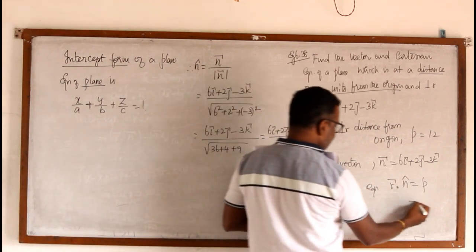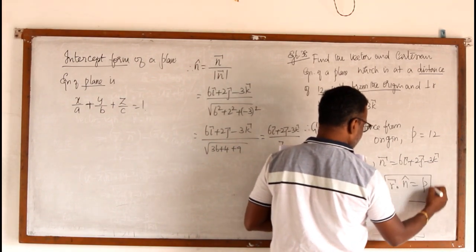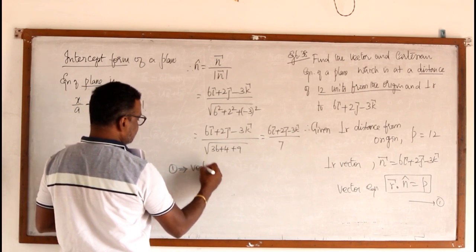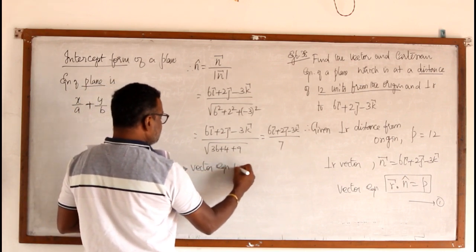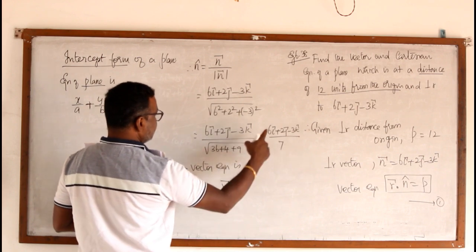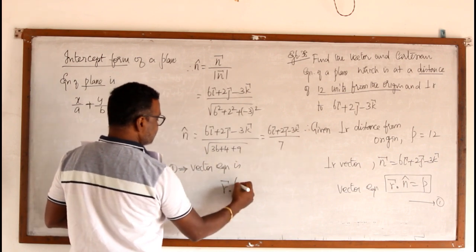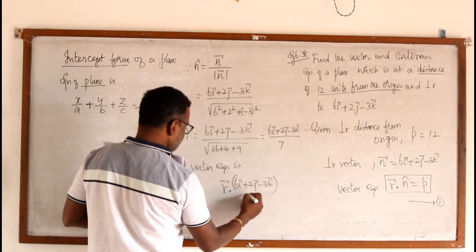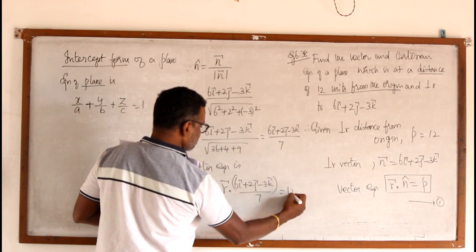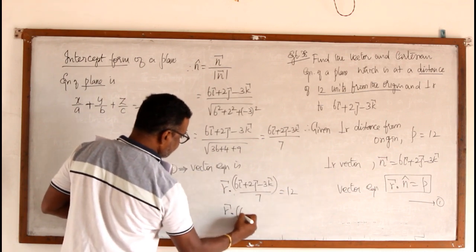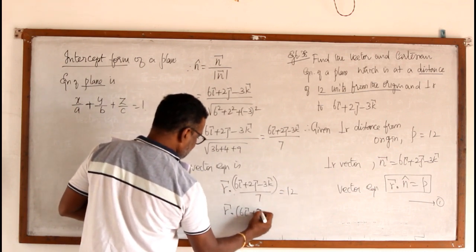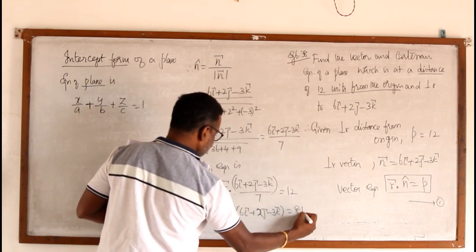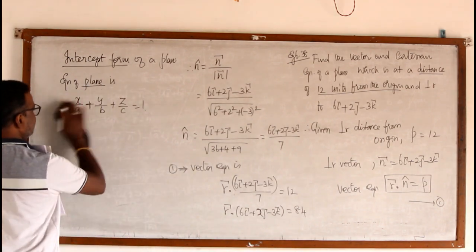Therefore, if I call this 1, then the vector equation is r dot n cap, 6i plus 2j minus 3k by 7, equal to 12. That is, shall I write this as r dot (6i plus 2j minus 3k) equal to 12 sevens are 84. This is the vector equation.